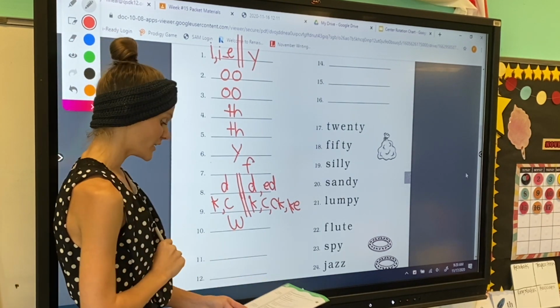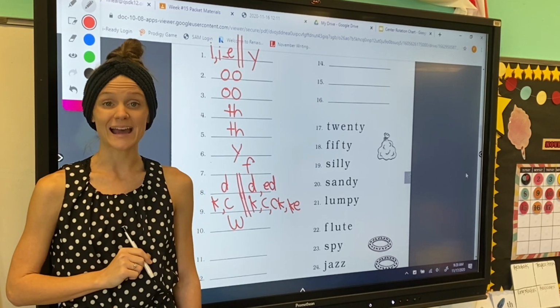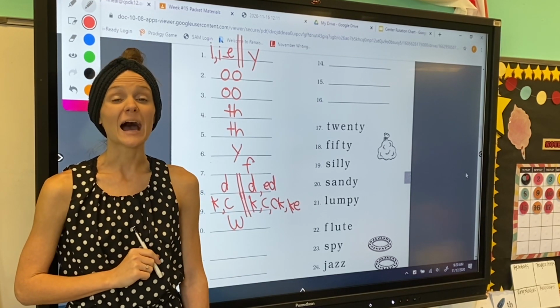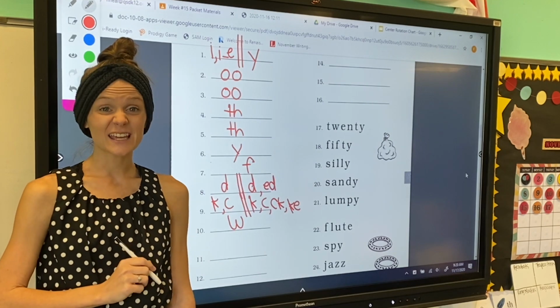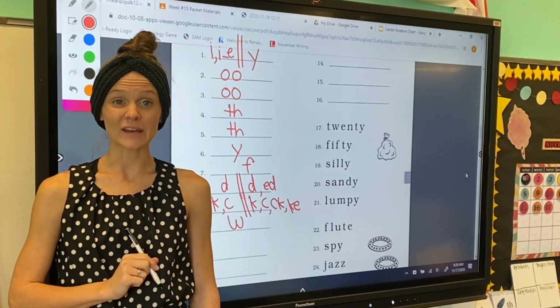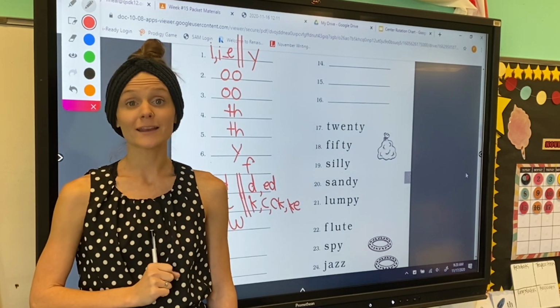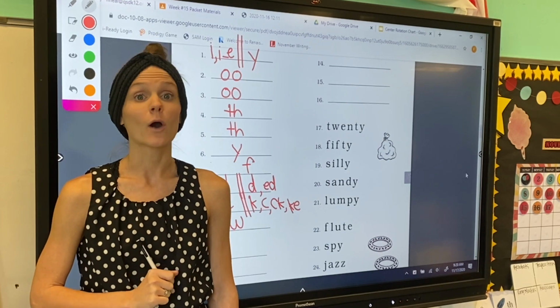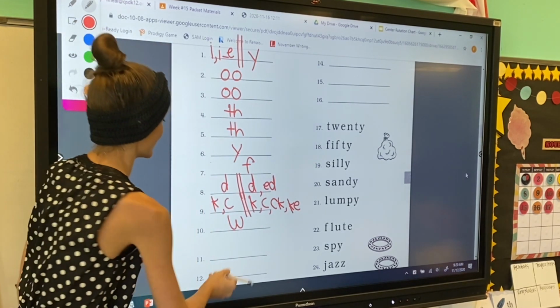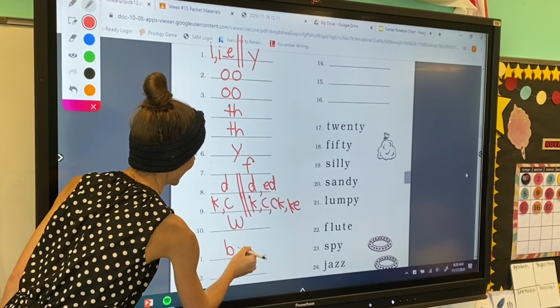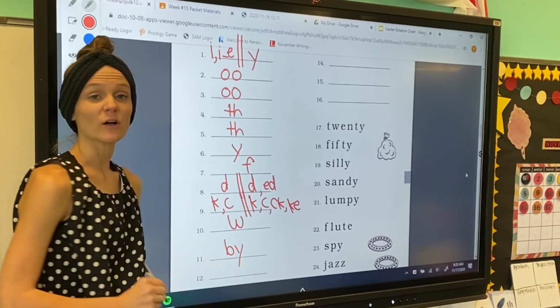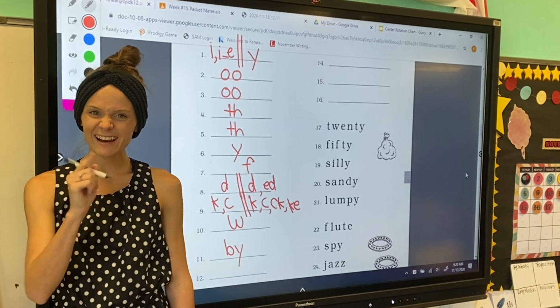For number 11, we're going to spell the word buy. Buy. And because I hear that long I sound at the end of that word, I know that it's going to end in letter Y. So I'm writing B-I to spell the word buy. Very good.